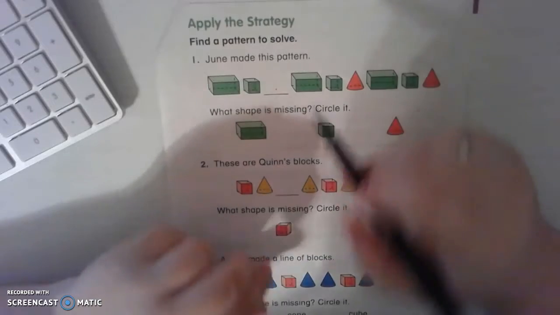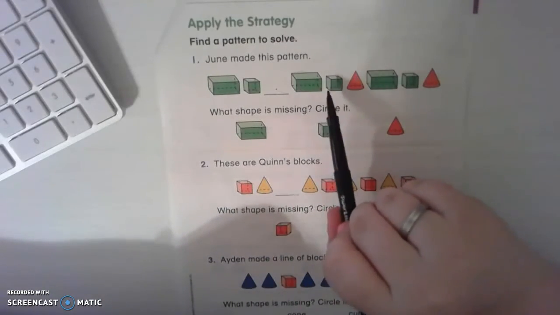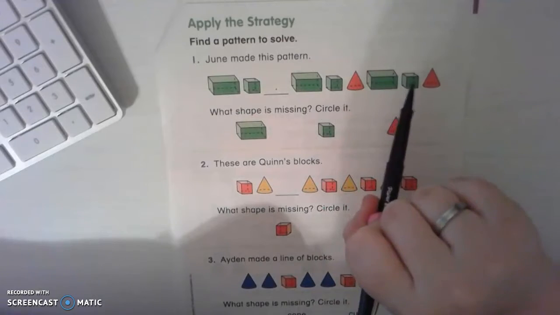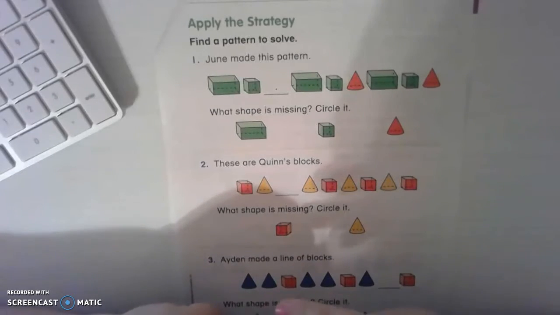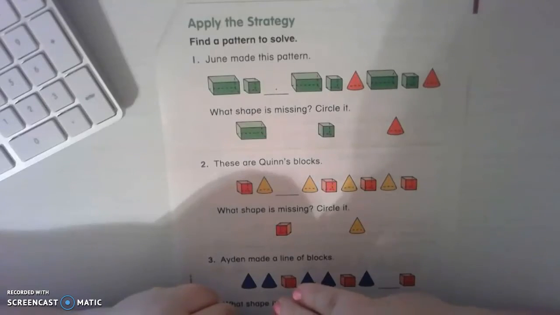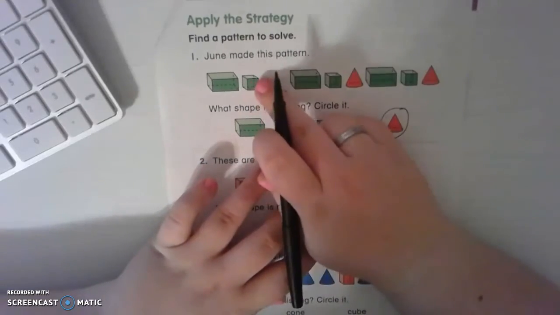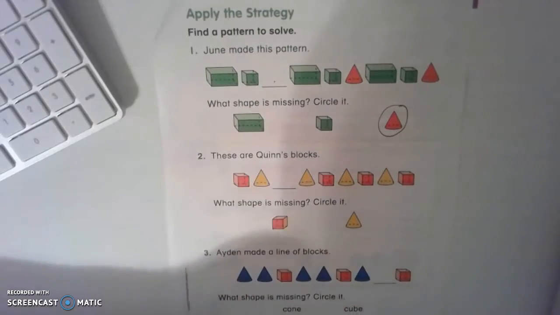So in this pattern, what comes after our cube? Prism, cube, cone, prism, cube, cone. What comes after my cube in my pattern? My cone. My cone comes after, so that's the one that I'm missing right here, my cone.